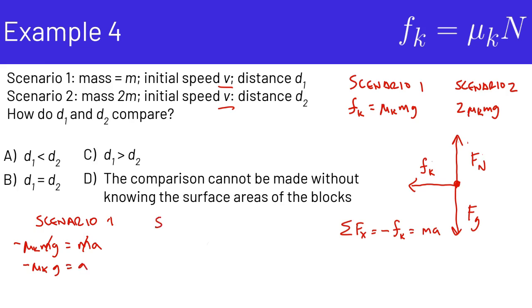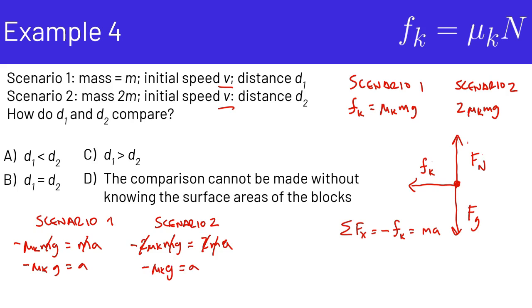If we look at scenario 2, on the left side we have minus 2 times mu sub k times mg, and that's equal to 2m times a, since the mass is 2m. So here we simplify, divide out the 2m, and we're left with minus mu sub k times g is equal to a.